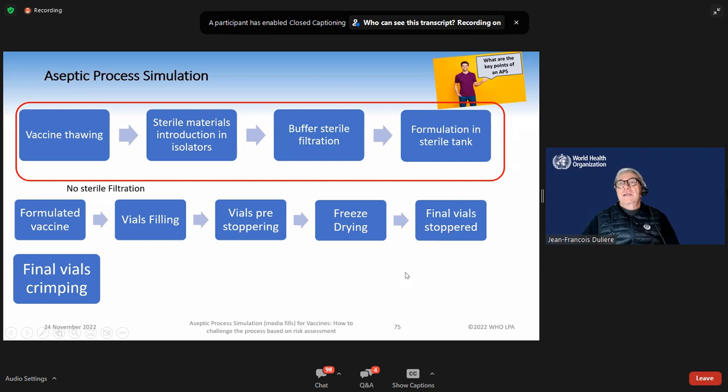The point which needs to be considered is here: all the sterile activities based on your risk assessment, and here the freeze drying, where you have to consider loading of the freeze dryer, closing the freeze dryer, going into vacuum, maybe not the full vacuum, then breaking the vacuum with sterile air, putting the stoppers in the final position, opening the freeze dryer, and then moving to the crimping.